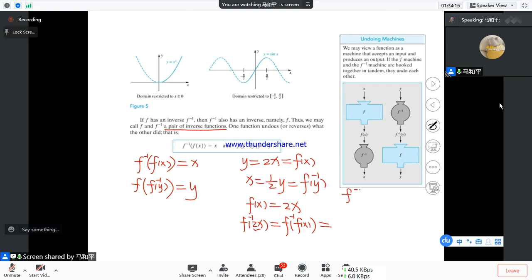You know f inverse of y is equal to 1 over 2y, right? Here the variable is 2x, so we replace y by 2x. This is 1 over 2 times 2x, so we find this is x. This means f inverse of f is equal to x. So one function undoes what the other did.